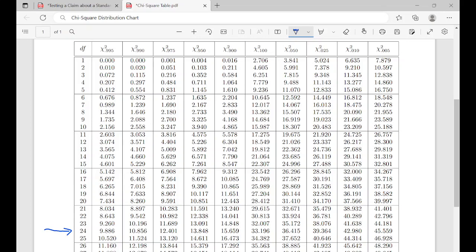And we also have 0.025 right here for chi-squared. We go down until they match up, which is at 39.364. Then we also have 0.975, which is right here, and where that matches up is down here at 12.401. So these two are our critical values.